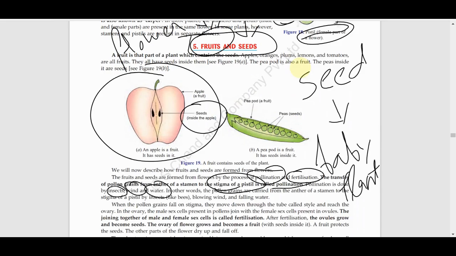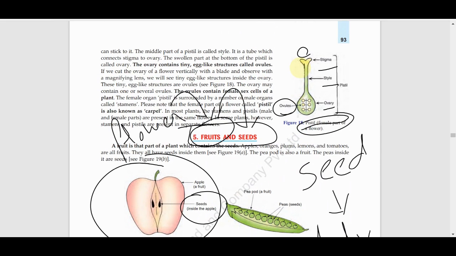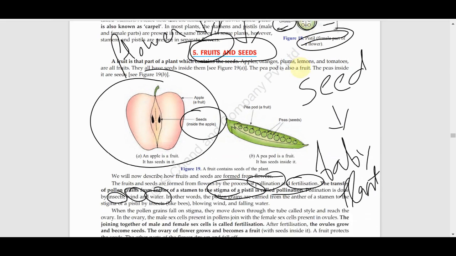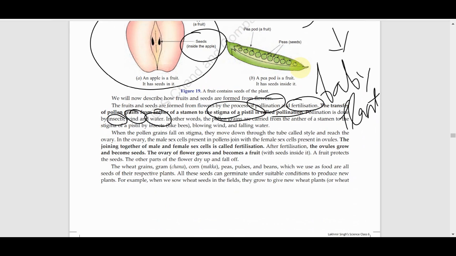And after some time these pollen grains are carried down this path through the style, and they come into the ovary, and they combine with the ovules. When they combine with the ovules, this process is known as fertilization. And after some time these ovules grow, and they become the seed.